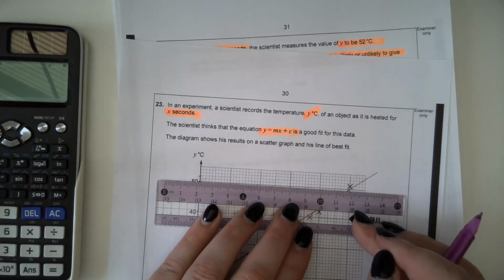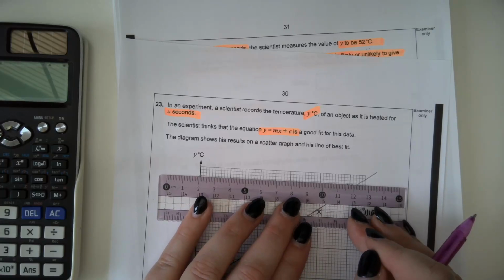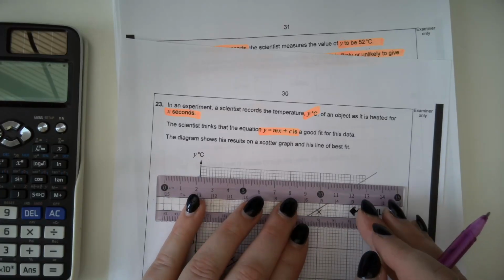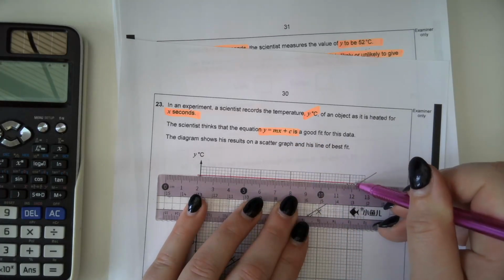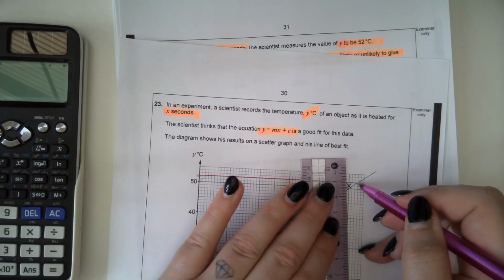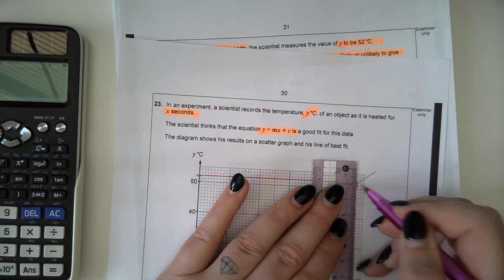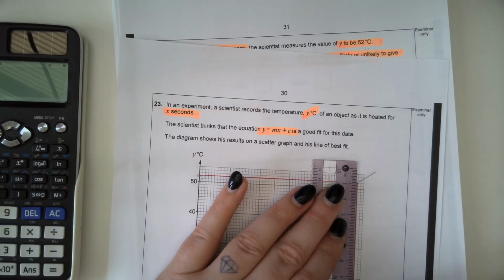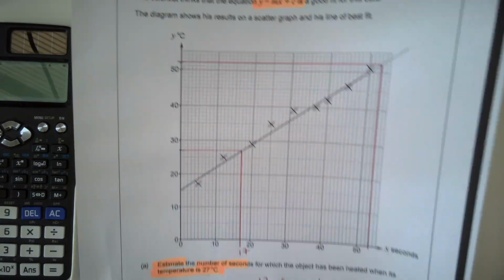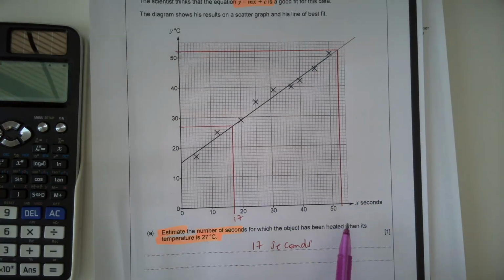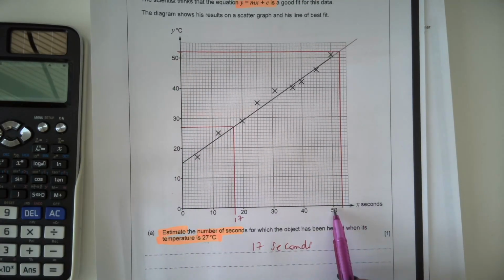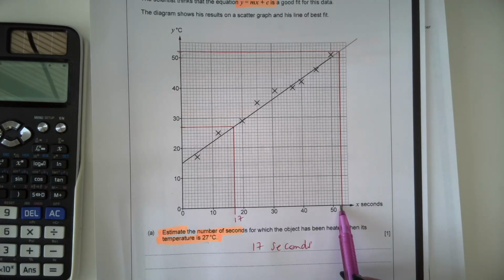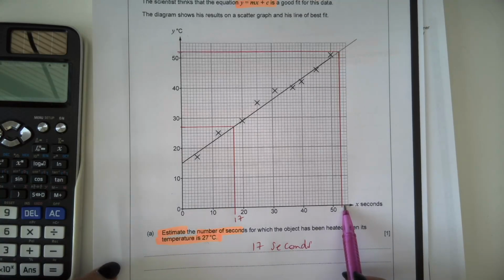At 52 degrees Celsius, we read across to where we extended the line of best fit, and then read down from that line. There's enough of the axes in the scale here for us to make an estimate. So that's 52 degrees Celsius, and this line of best fit tells us that it's 51, 52, 53 seconds.